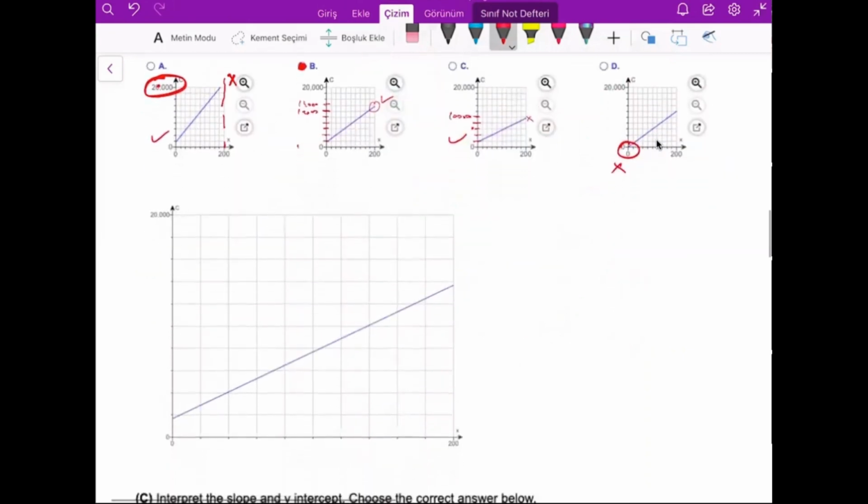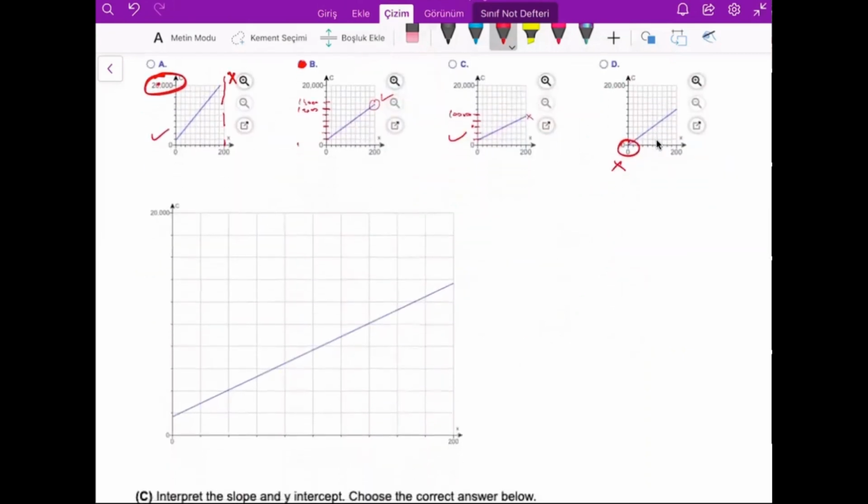Now here is the focused one. If you focus by clicking on part B, you will see this graph. Here it seems to be 14,000, but it's not 14,000. This value is 13,669. Okay, this value is 1,669.